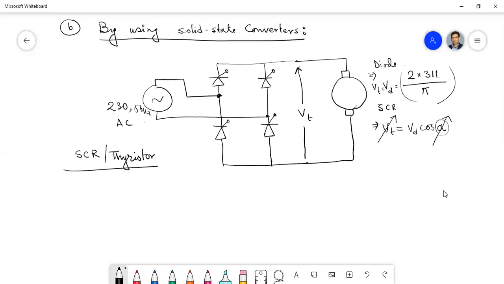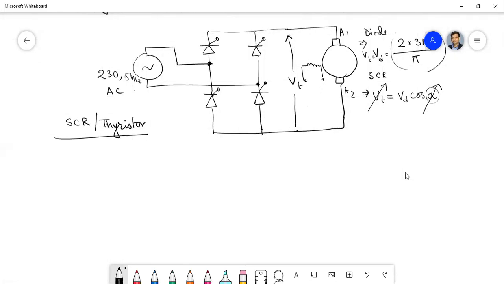Clear? By using SCR as a device for the rectifier, we can control the output voltage or the terminal voltage of the DC motor. The field I have not drawn here, so you can draw that, because without field, the machine won't work.